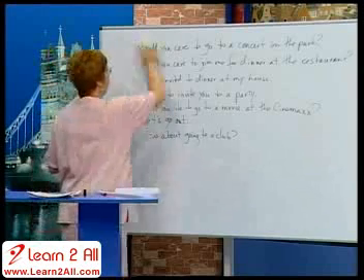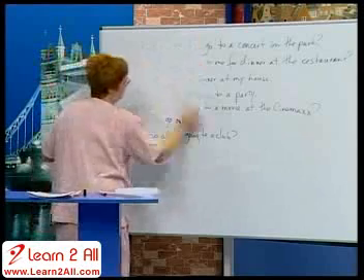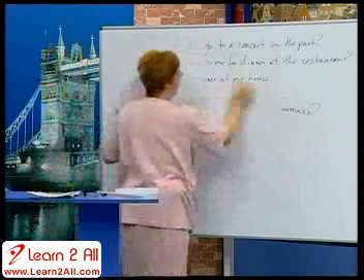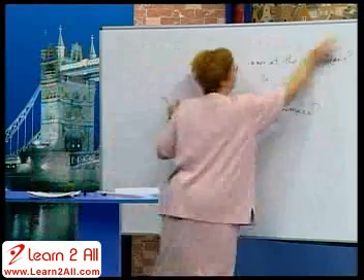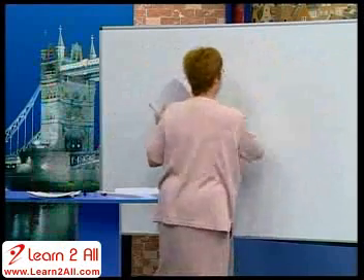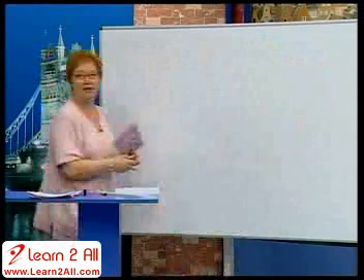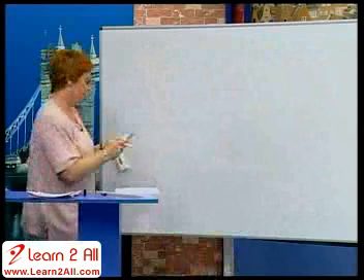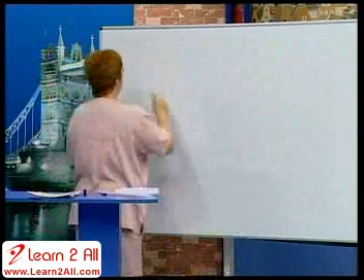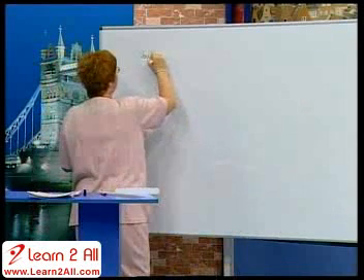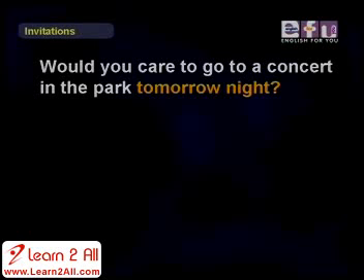So let me take this away and then I'll show you more examples with the place and the time. Okay? So when you make an invitation, it can be complete. So here we go. Would you care to go to a concert in the park?